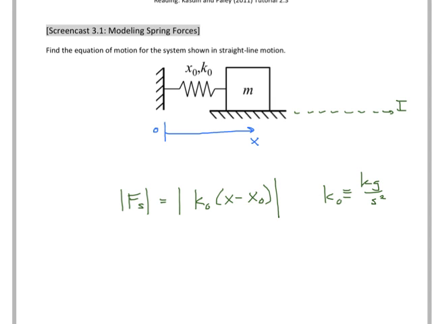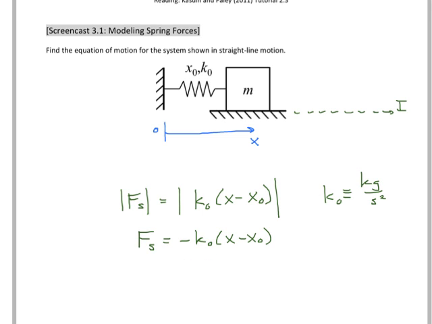In the scenario that we just described, where positive direction is pointed to the right, our spring model could simply be F sub s equals negative k times x minus x naught. But even though this is the model that's given in most textbooks, you can't just always apply a negative spring constant multiplied times the displacement.